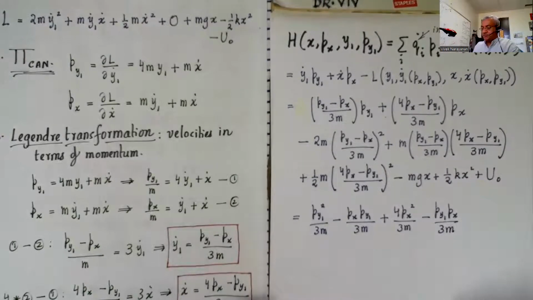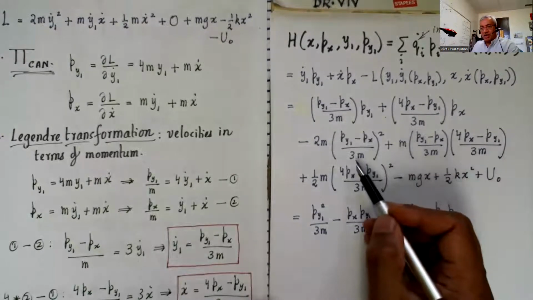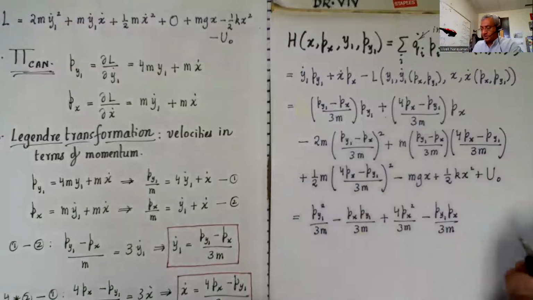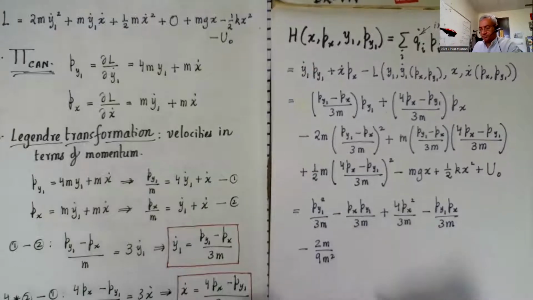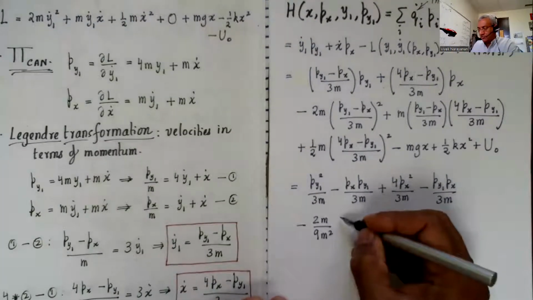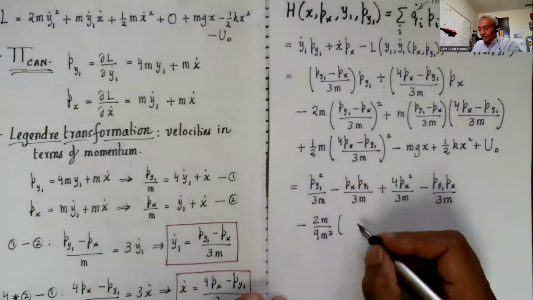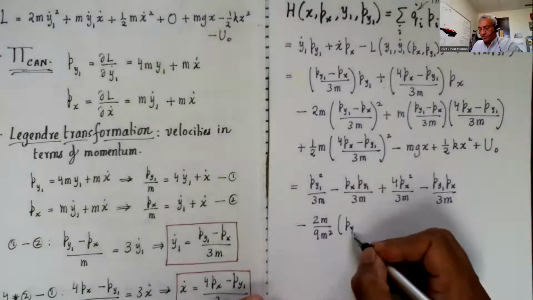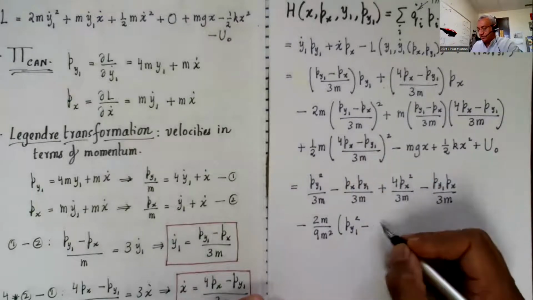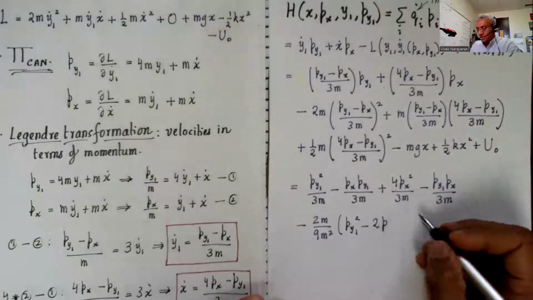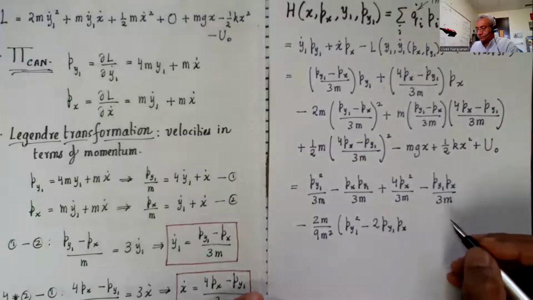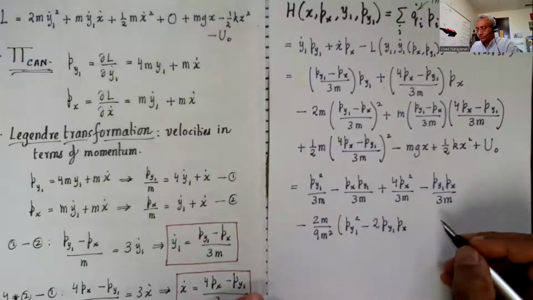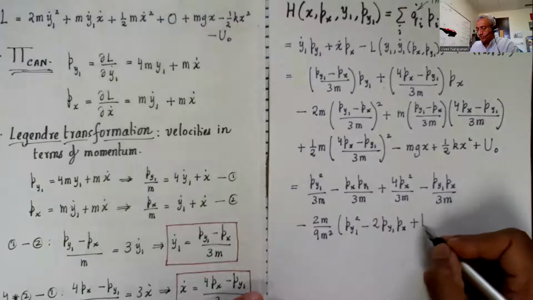And then I'll take the 3m outside the square. So that becomes negative 2m over 9m squared, because 3m squared is 9m squared. And then I'll expand the square. So that gives me py1 squared minus 2 py1 px plus px squared.